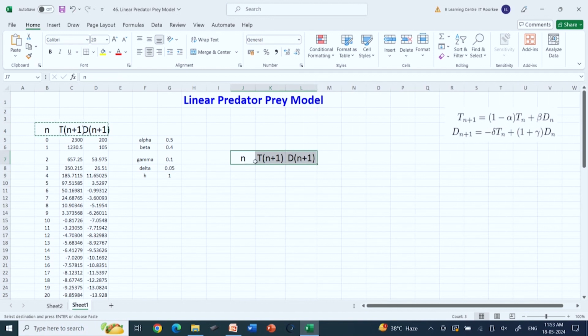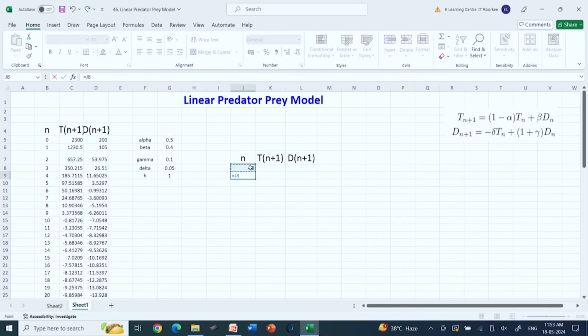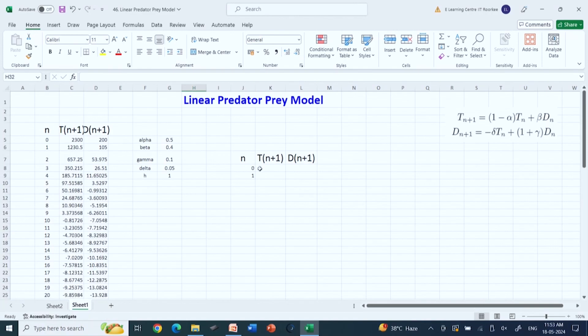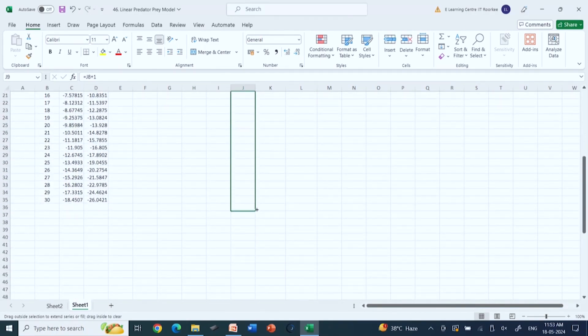You have the N, you have the tiger population and the deer population. I start with 0 and the second one will be 0 plus 1, and say I calculate the next 30 values.